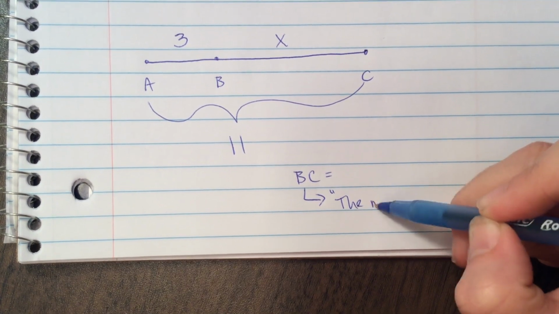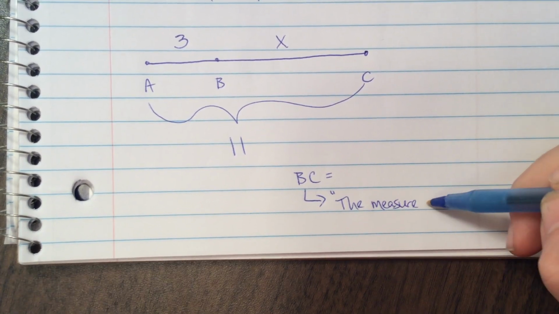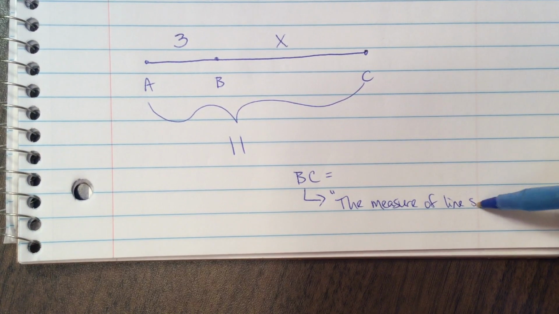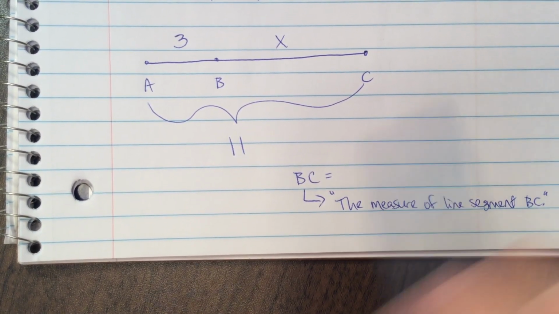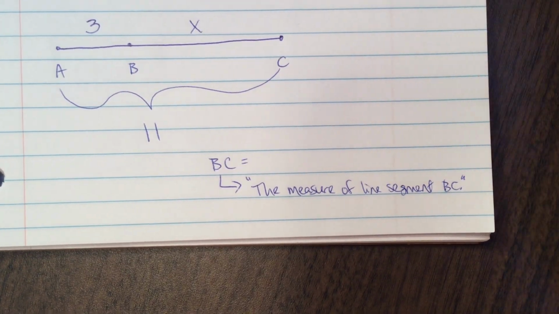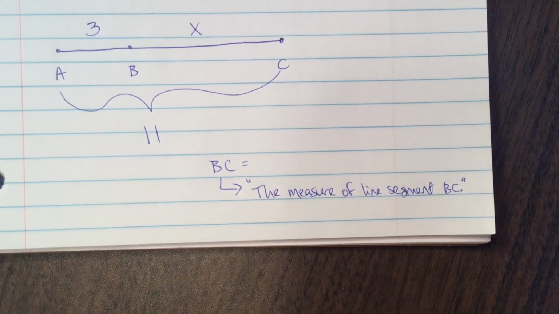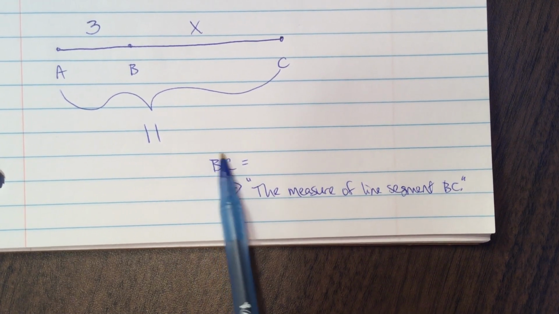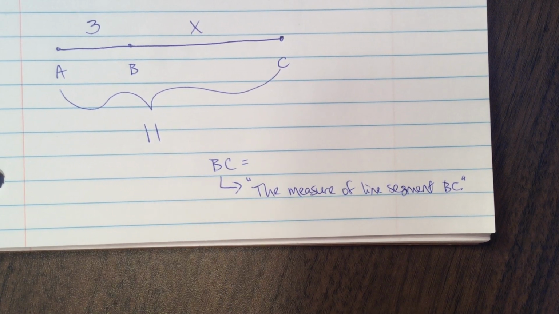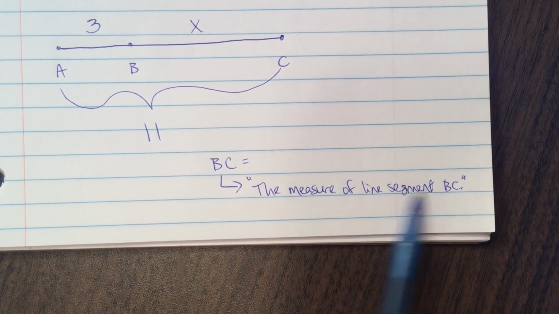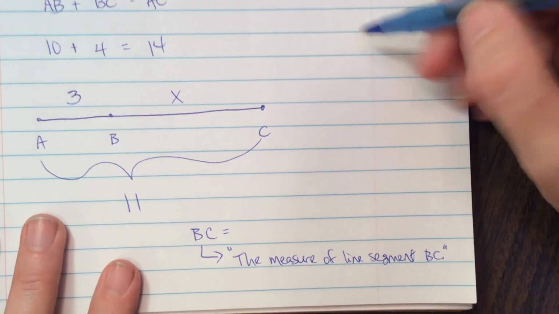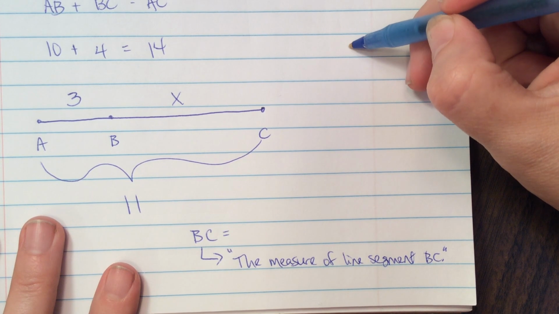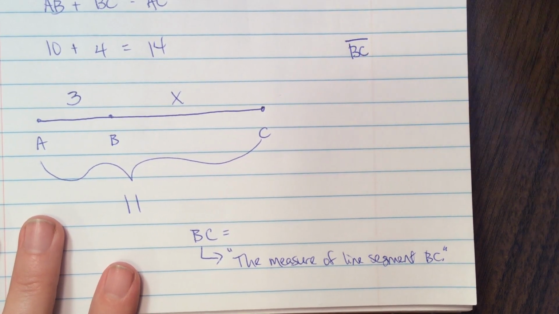Without the line over it, it actually reads the measure of line segment BC. So it's actually a mouthful. If I put the line over it, it says line segment BC. If I don't put the line over it, it says the measure of line segment BC. So I'm going to say that one more time. Line segment BC.